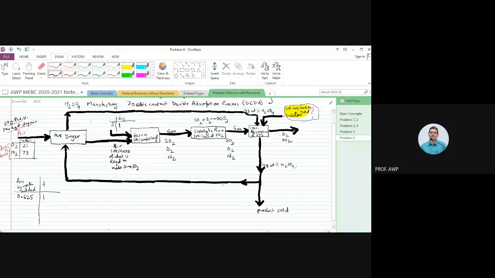Sir, can you explain once again the process after 98% of H2SO4 is emitted? After this 98% by weight H2SO4, this stream is partly sent back to the dryer and partly sold as product.